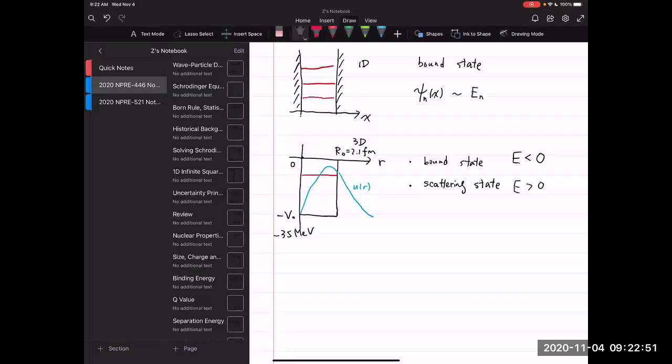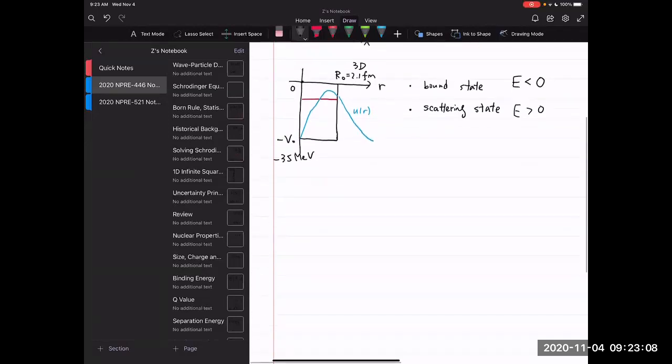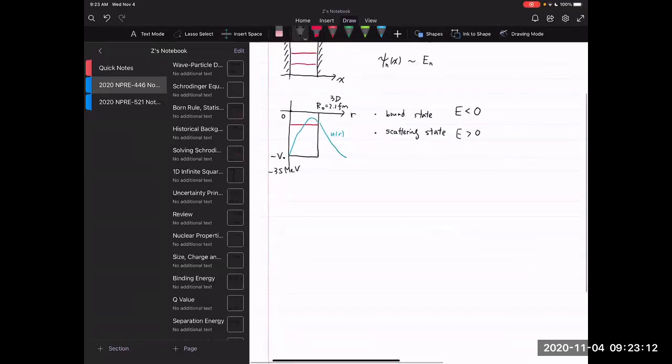But overall, the shape of the interaction potential, even for heavier nuclei, can be almost the same as the square well potential, except that now let's move on to a more realistic interaction potential for nuclear physics.